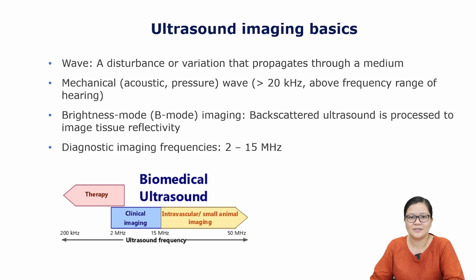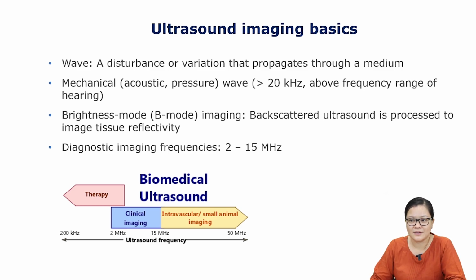In ultrasound imaging, a common imaging mode is called brightness mode imaging or B mode imaging, and typically those images are produced in grayscale pixels, and what it represents is the backscattered ultrasound that is produced to image tissue reflectivity. So how much of the ultrasound is going back to the transducer detector.